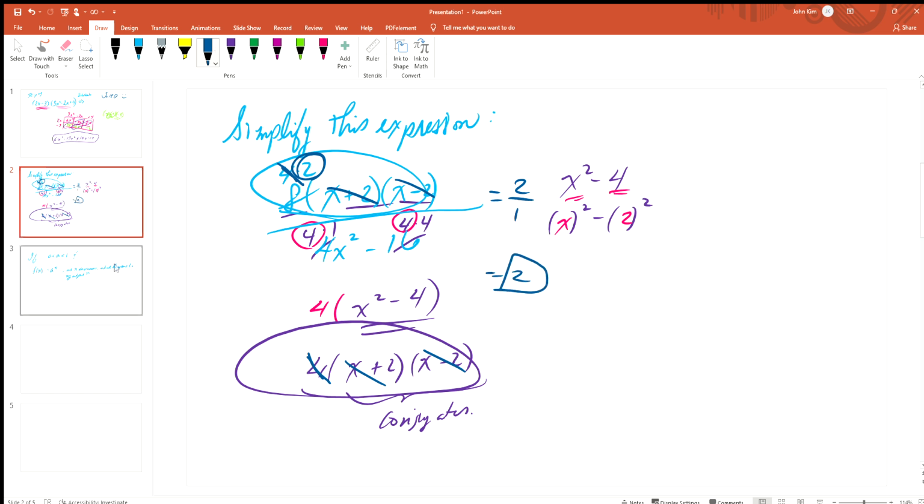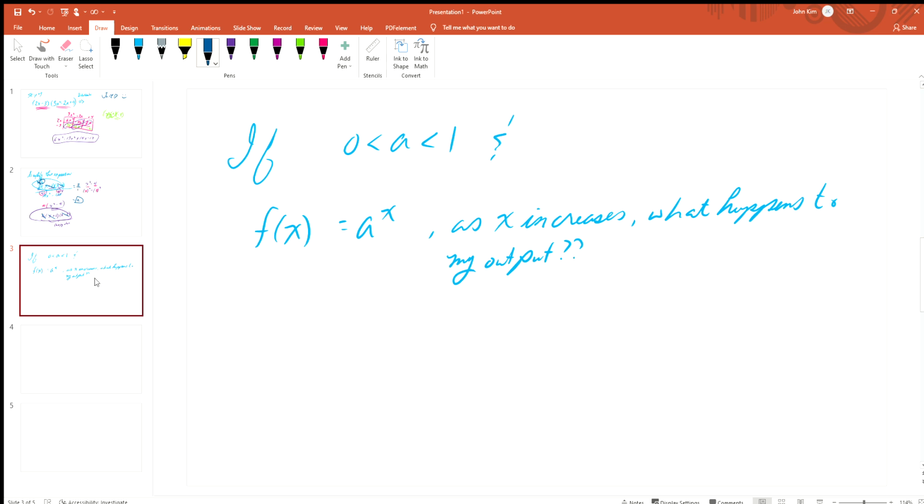Okay, last question. A lot of my students have a hard time reading this inequality, so I like to read it this way. This number A right here is between 0 and 1.